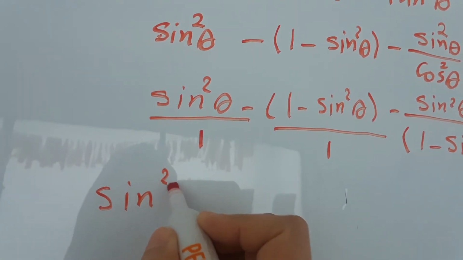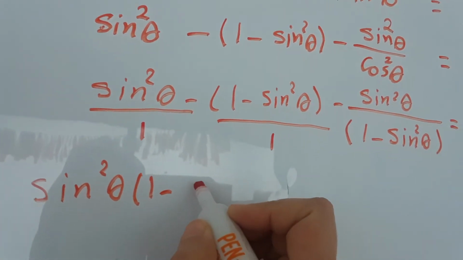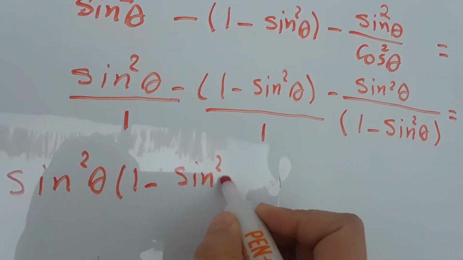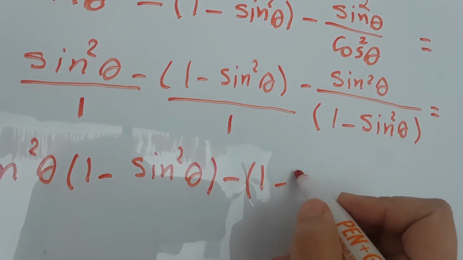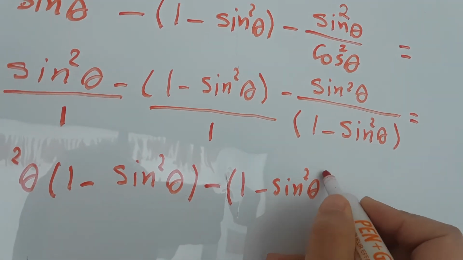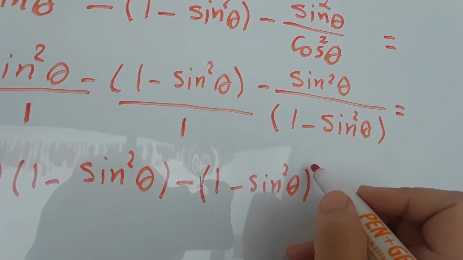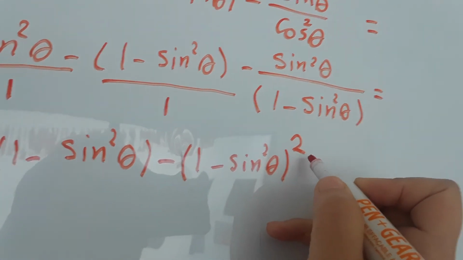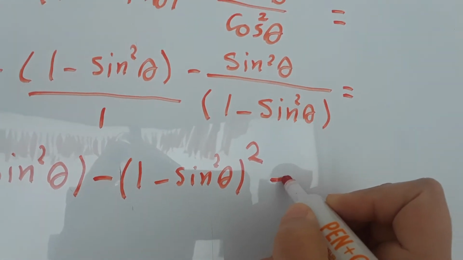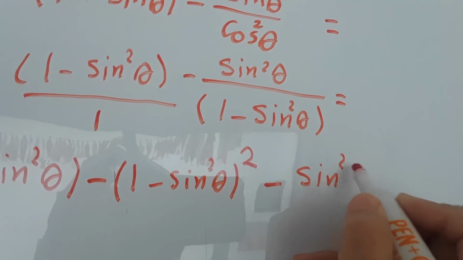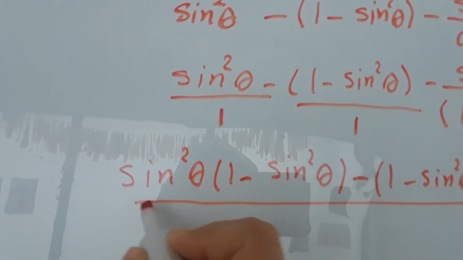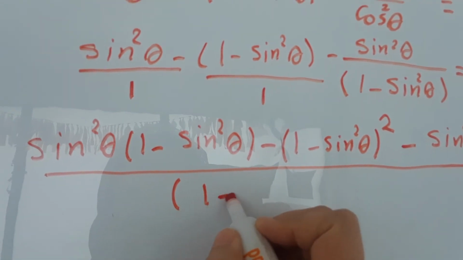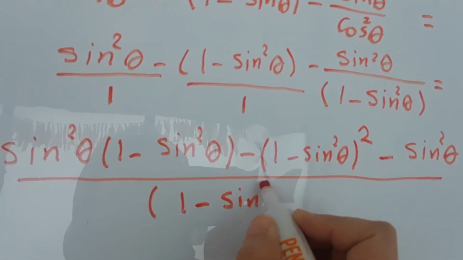So sine power 2 theta times 1 minus sine power 2 theta, minus 1 minus sine power 2 theta multiplied by 1 minus sine power 2, they become power 2, of course. And this one I don't need to multiply by anything, the denominator is already there. So the denominator is 1 minus sine power 2 theta.